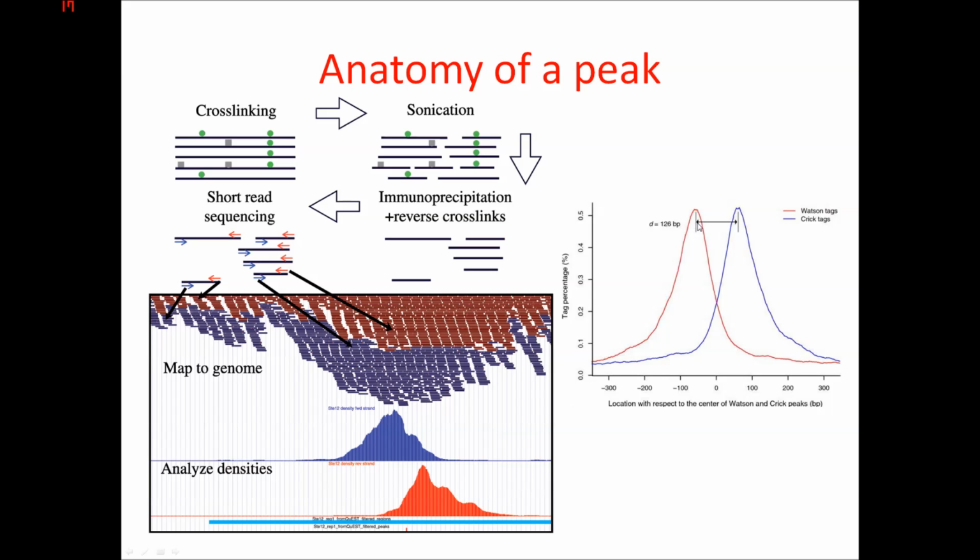In this case it finds what it calls D, the distance between the bimodal peaks, of 126 base pairs. So with this D value in mind, it takes all these 36 base pair reads and extends them 3' to make them into 126 base pair fragments, and that is what it uses in its analysis.